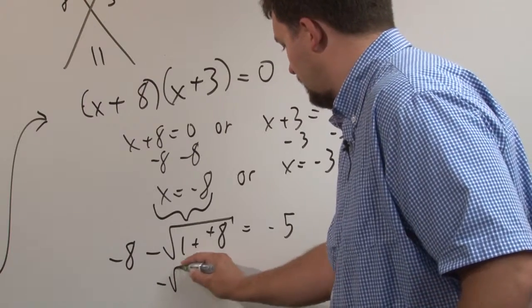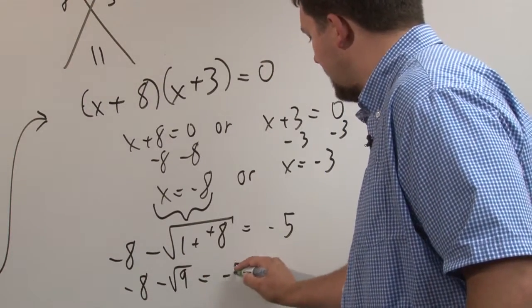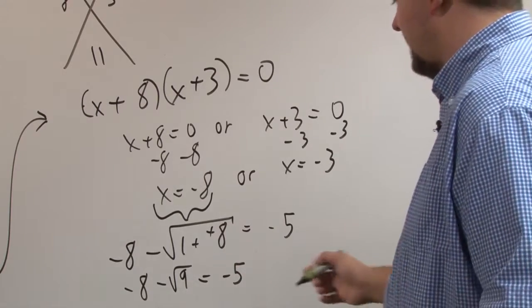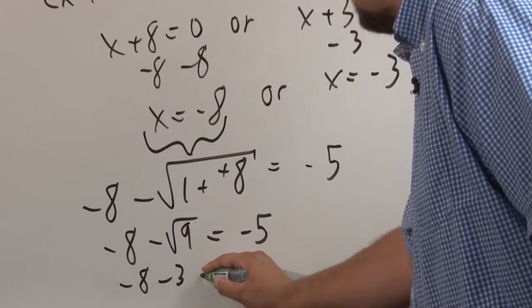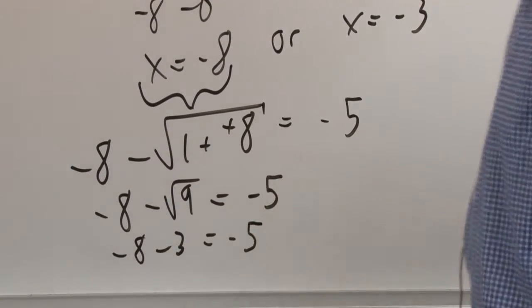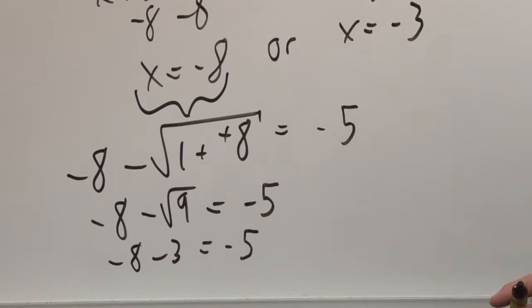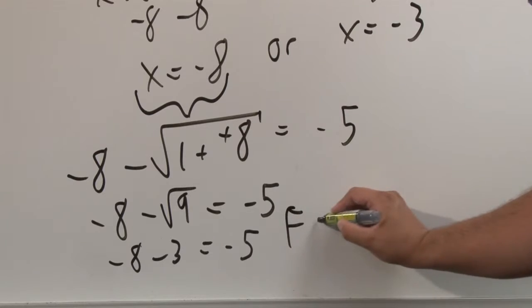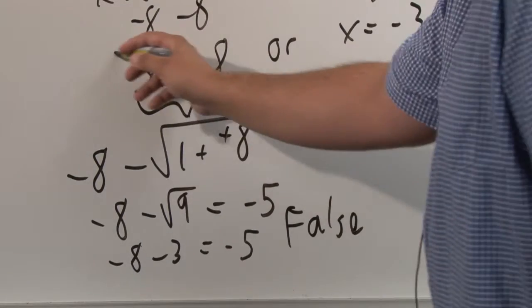So I have a negative square root 9 equals negative 5. And that makes things a little bit easier. So negative 8 minus 3 is negative 5, and now I have a problem. Negative 8 minus 3, that's negative 11. And that's equal to negative 5. Well, that's not true. That is false. So there's one of the extraneous answers, so I can cross that off.